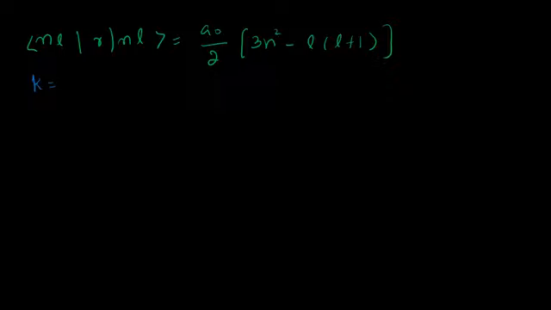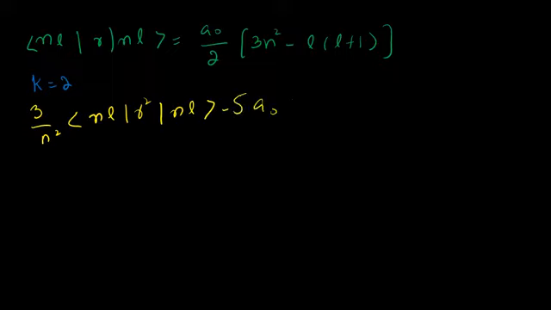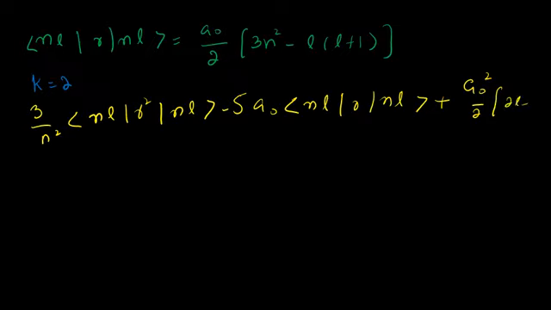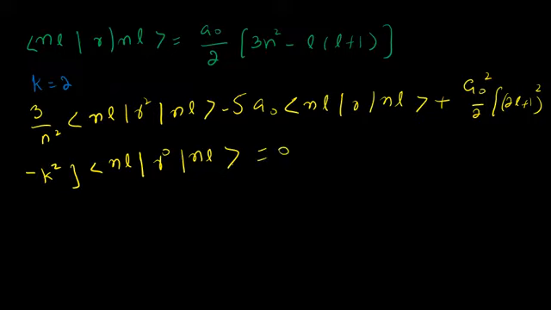If we insert k = 2, then the Kramers recursion relation will be (3/n²)<nl|r²|nl> − 5a₀<nl|r|nl> + (a₀²/2)[(2l+1)² − k²]<nl|r⁰|nl> = 0.